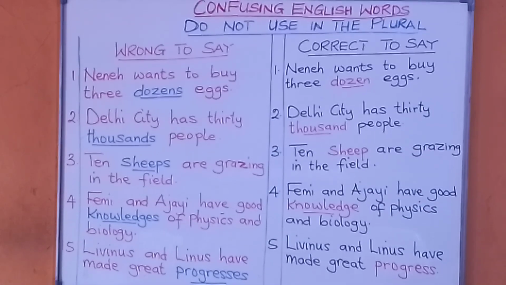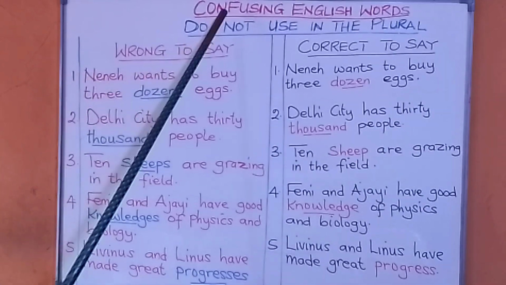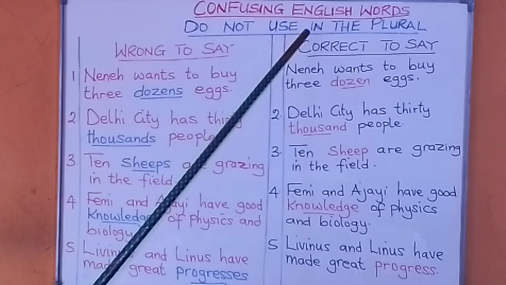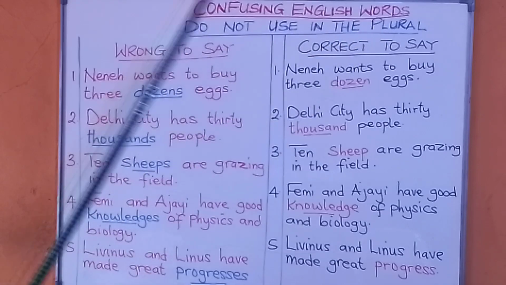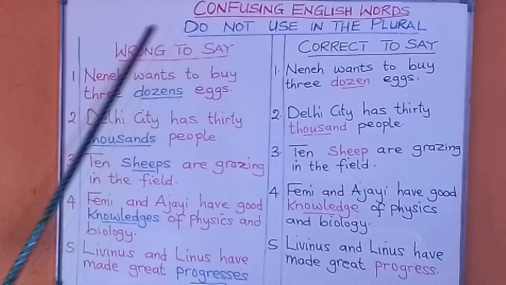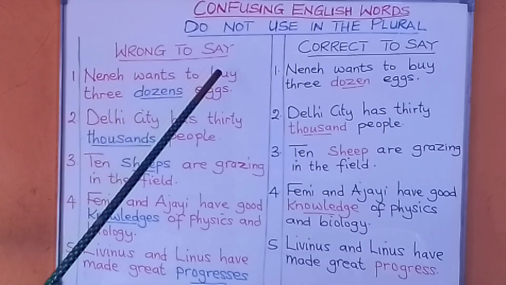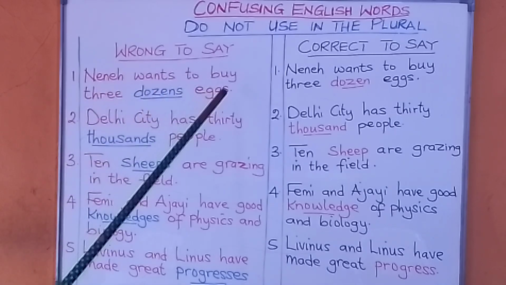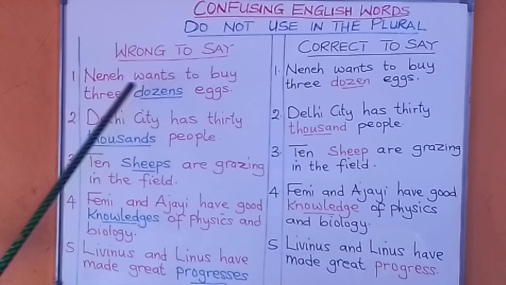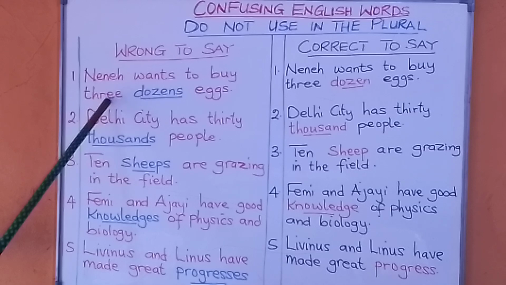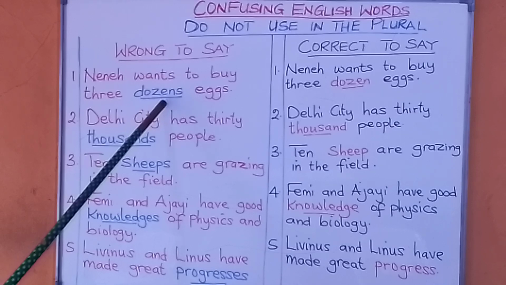And so, let's take the examples we have on the board. Confusing English words: do not use in the plural form. Because of what we have explained, it is wrong to say, Nene wants to buy 3 dozens egg. No. Because this is preceded by a numeral, you cannot use this in plural form.